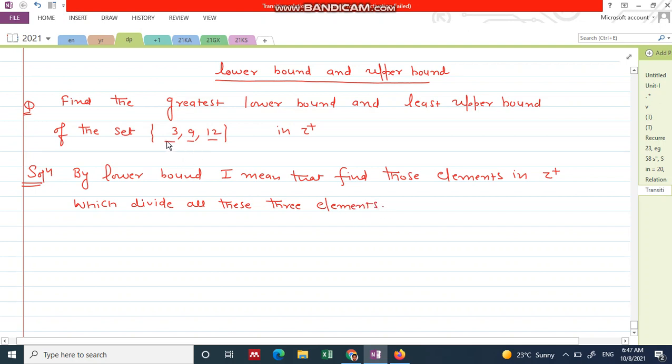So what are all the elements which divide all these three elements?